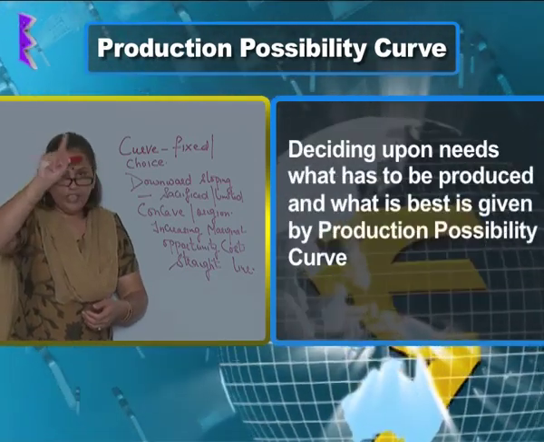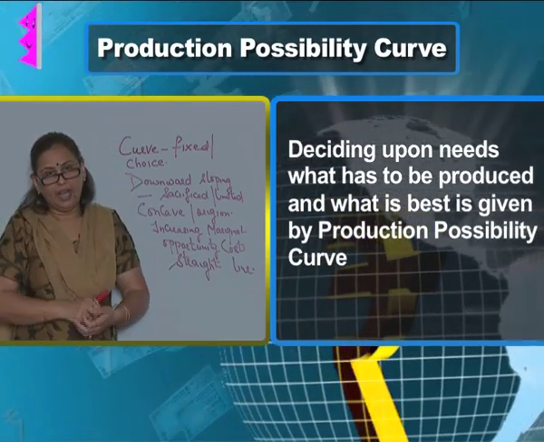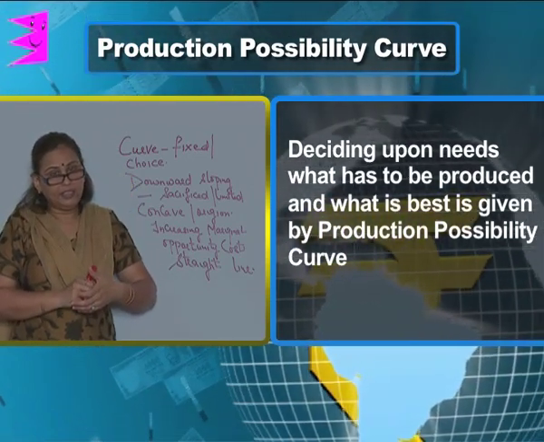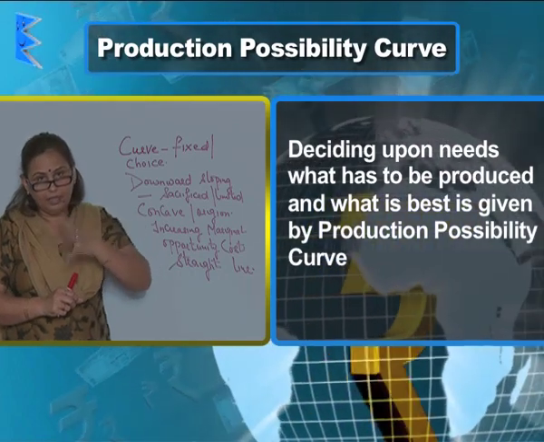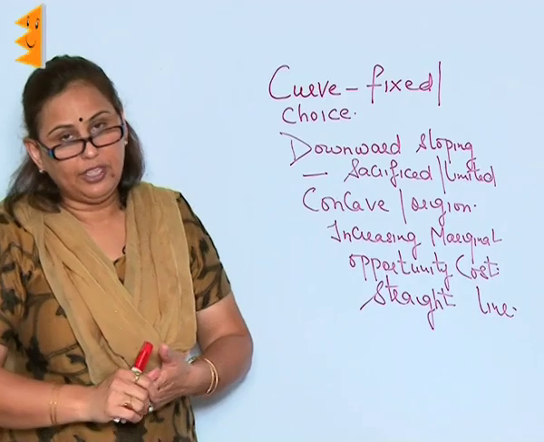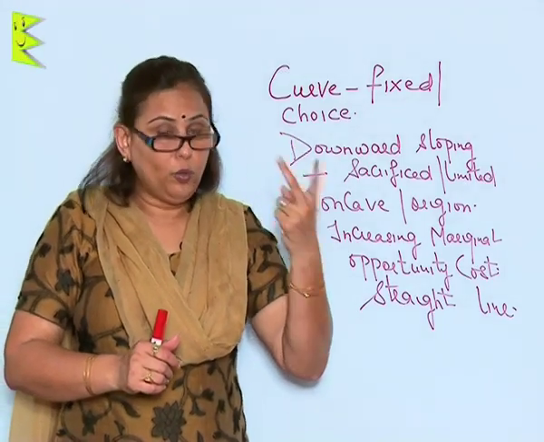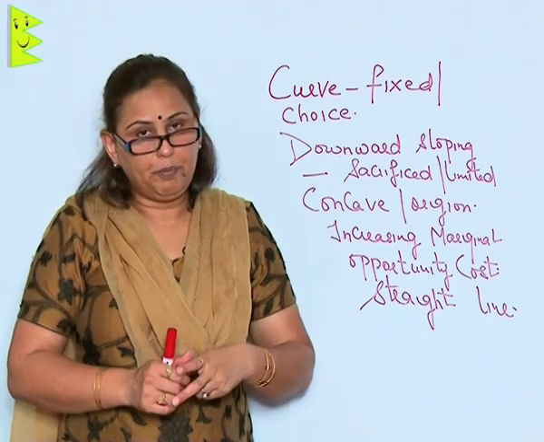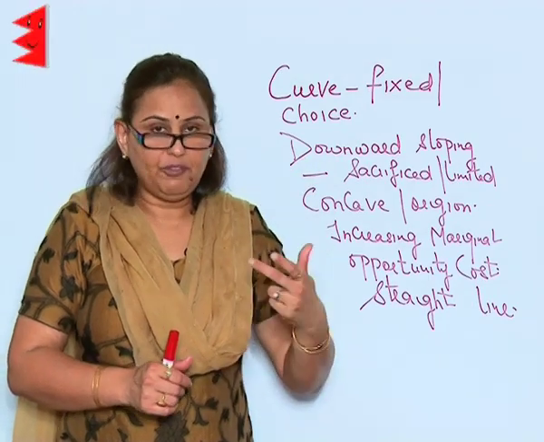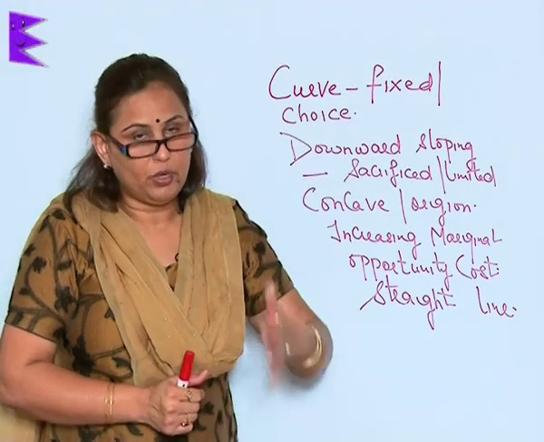So, the usage of resources in terms of the needs that we have, that is the production possibility curve. In simple layman's language, it is deciding between two things what has to be produced, what is best for us, depicted by the production possibility curve.